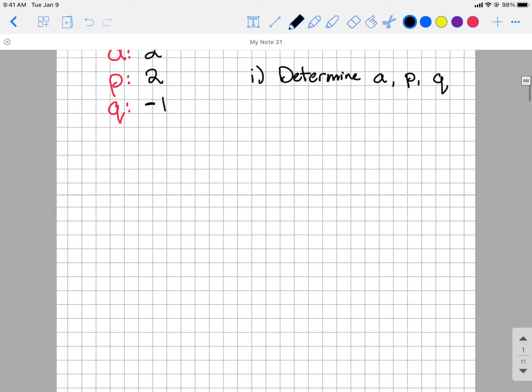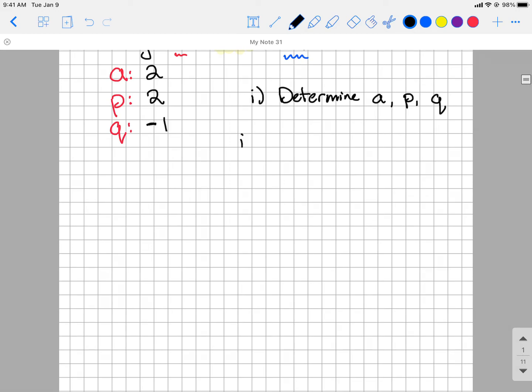Step 2, which will be fairly straightforward based on what we have, is to find out where the vertex is. Thankfully, we don't actually have to do any work from that, because if you remember your last lesson, our vertex just comes from p and q. And we already know what p and q are.